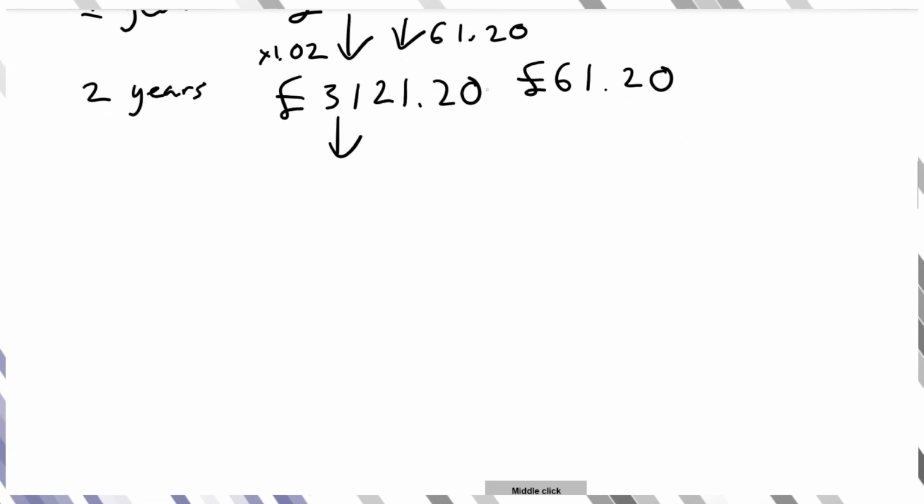Let's do another example. Let's say we've got £5,000 and we want 10% compound interest, and we want to know how much this is going to be after 5 years.